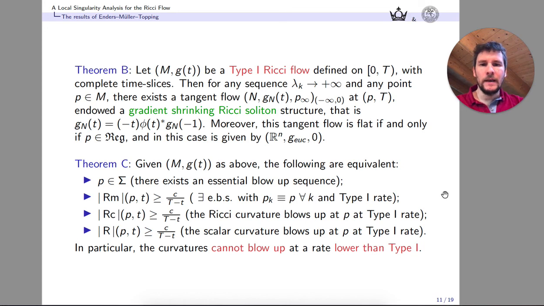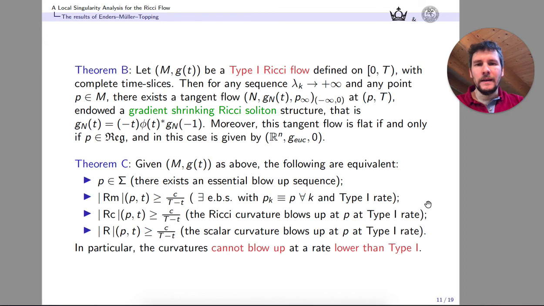And moreover, we have a blow-up of the curvature, not just any blow-up, but at least this type 1 rate, so a lower type 1 bound. And we can also show the same with the Ricci curvature, so also the Ricci curvature blows up with a type 1 rate, and also the scalar curvature blows up with a type 1 rate.